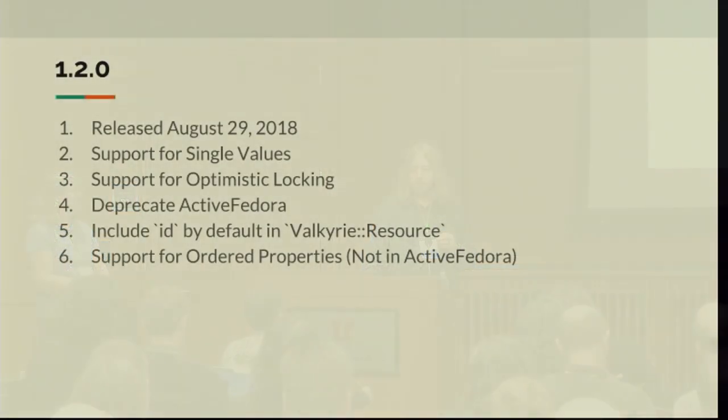1.2.0 just happened recently through a sprint between Princeton and Penn State. We added support for single values, so once upon a time you could only add arrays, largely because Trey had strong opinions. We added support for optimistic locking amongst all of our libraries. If you don't know what optimistic locking is, I can't explain it right now.